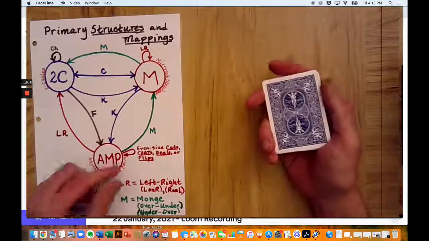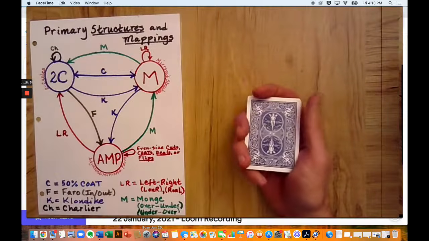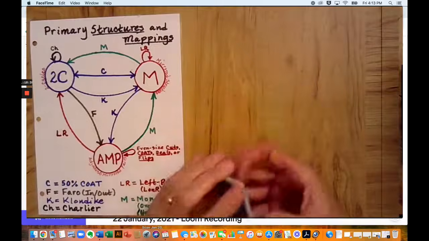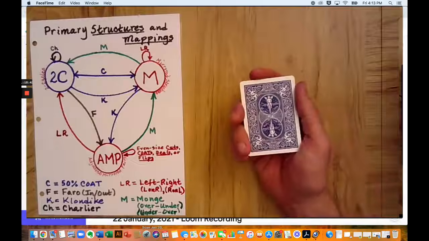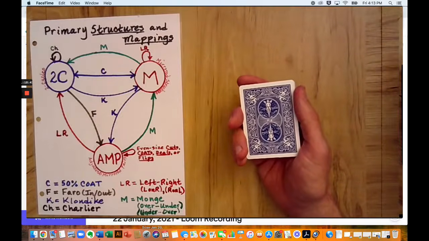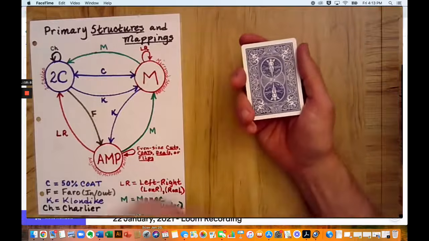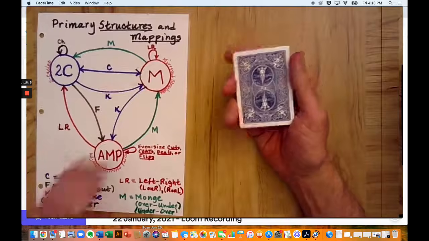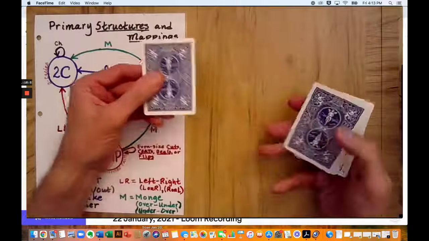Now, let's say we want to go back to a mirrored structure. Well, we can do a Mange shuffle. And what's nice here, once again, is that it doesn't matter which variety you use. You can do an over-under or an under-over, and both work just fine. A Mange, to remind you, is where you push off the top card.